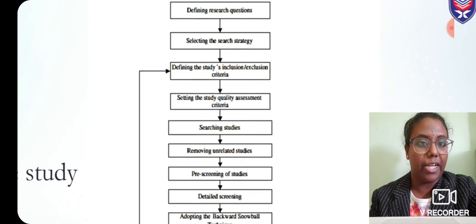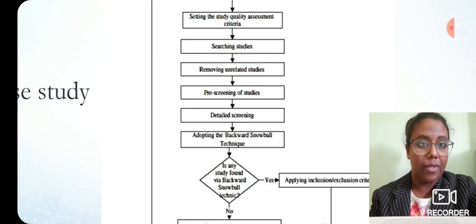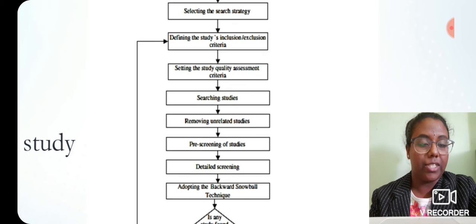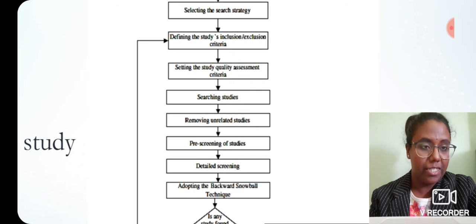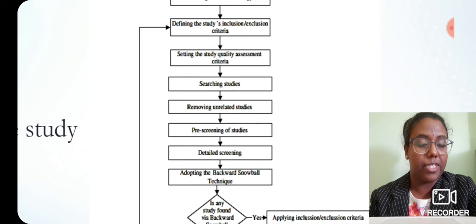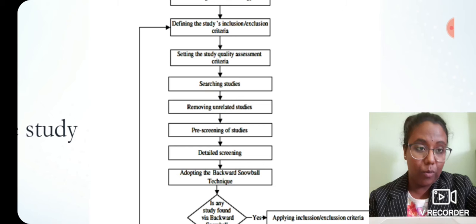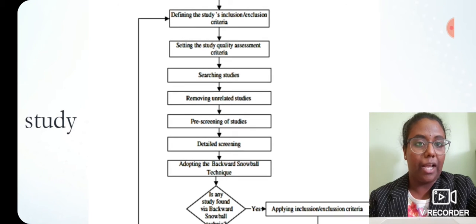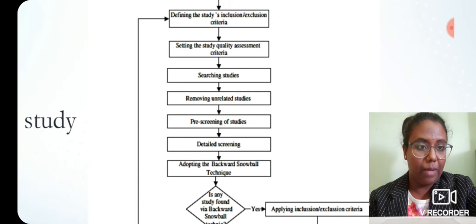I set the study quality assessment criteria, and then I searched the studies in Science Direct, which helped me a lot. I removed all the unrelated studies while reviewing all the review papers, and I only considered the density of polymeric foam, and then I pre-screened my studies with my supervisor and detailed the screening.